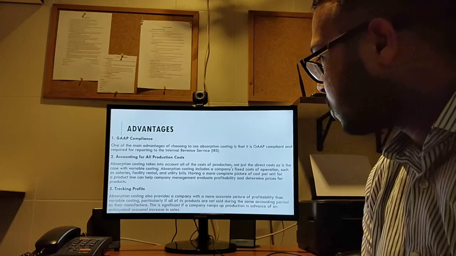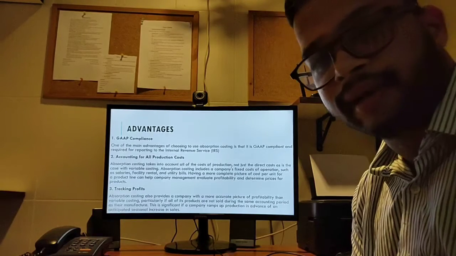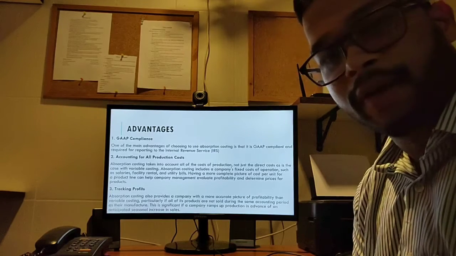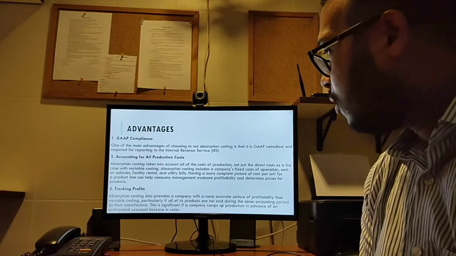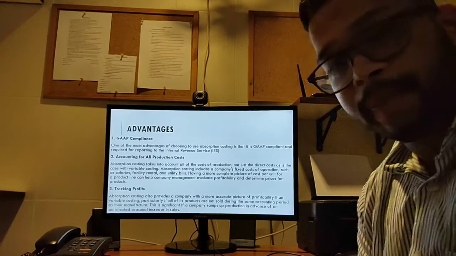The next is that absorption costing includes a company's fixed cost of operations such as salaries and rents. It gives a more complete picture of the cost per unit for a product line, and can help company management evaluate profitability and determine prices of the products.